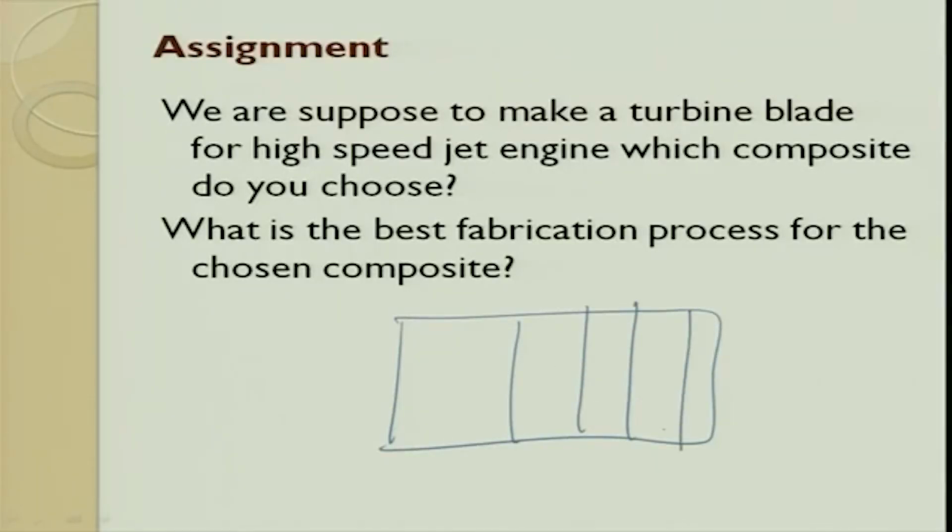Compare process X, process Y, process Z, and state the salient points for each process, whether very good, good, or excellent. Please make it in a table form and compare, and then conclude which is the best fabrication process you suggest for making these turbine blades for high speed jet engines.